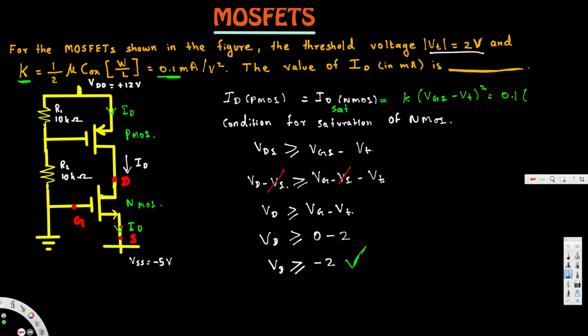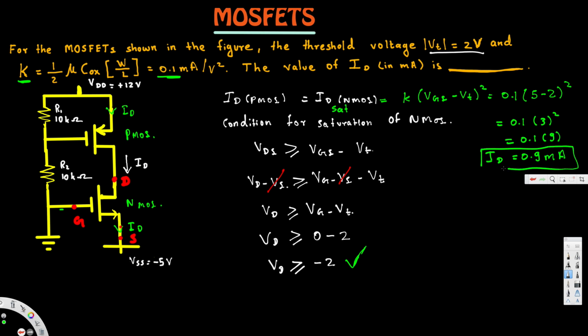VGS means VG minus VS. VG is 0 because this is connected to the ground. VS is this one, -5 volts. So 0 minus -5 is positive 5, minus V threshold 2, so (5 minus 2) square. This is 0.1 times 3 square, which is 0.1 times 9, and that's going to give us 0.9 milliamperes. So this is going to be the ID current.